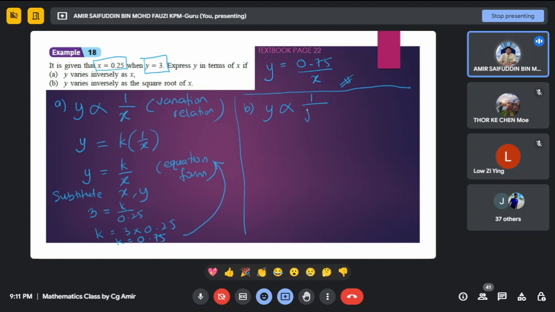So this is the variation relation. Convert into equation form, so we have y equal to k over the square root of x. This one is in equation form.